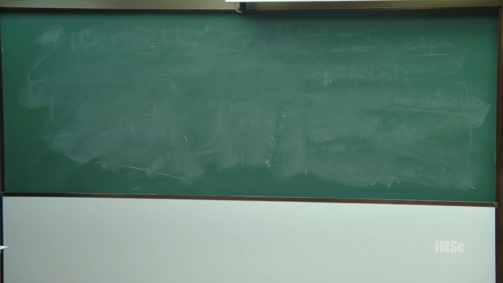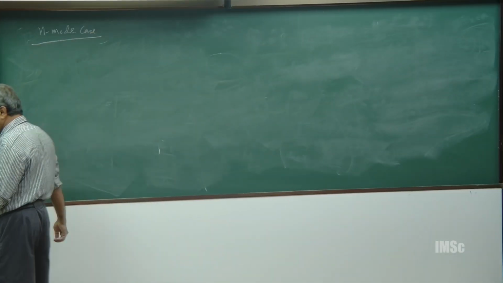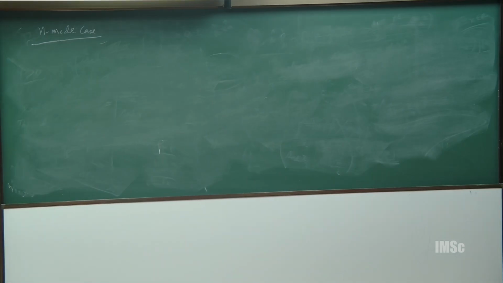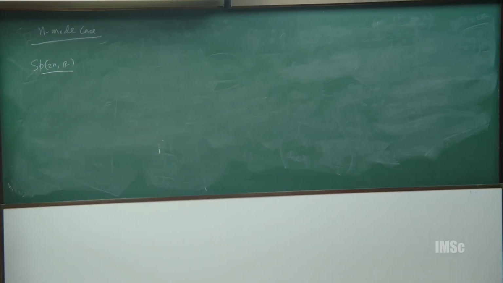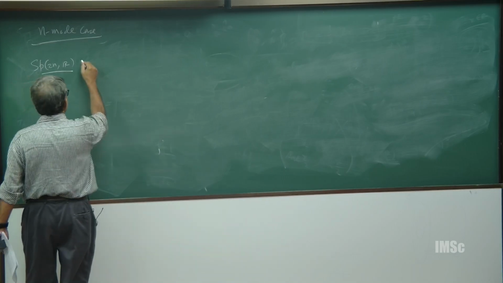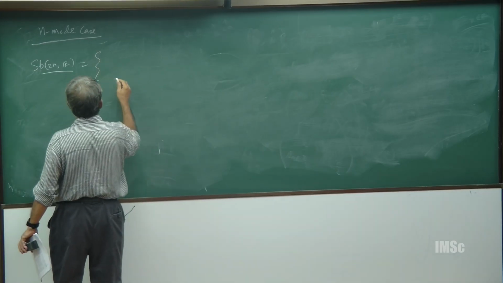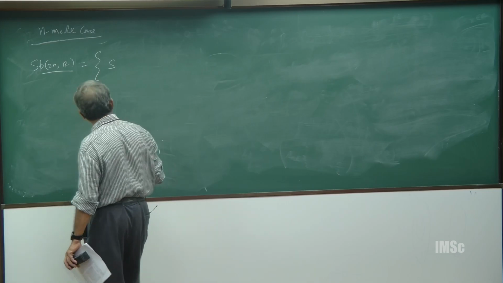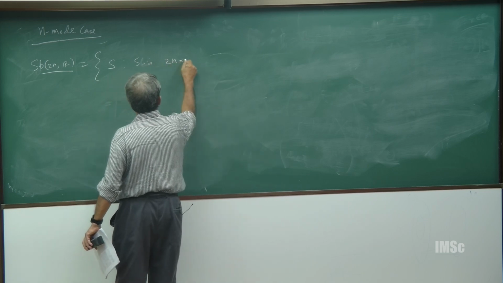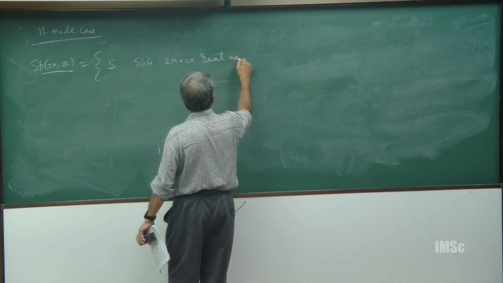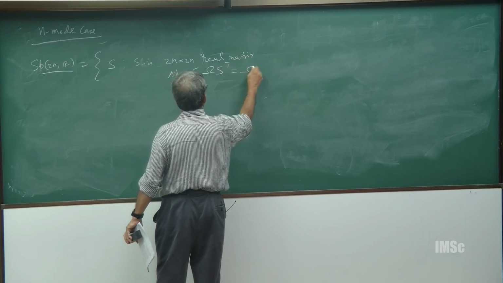So now I go to the n mode case. This group Sp(2n, R), you can think of the defining representation of this as the set of matrices S, where S is a 2n by 2n real matrix such that S omega S transpose is equal to omega.